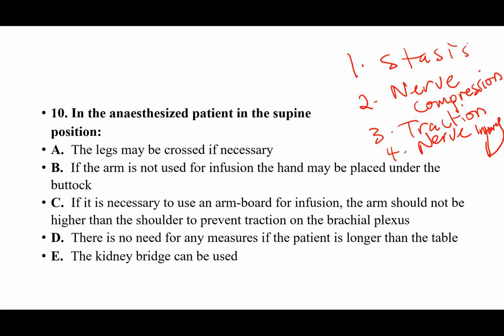If a patient is lying with the leg crossed, you are causing stasis of the calf muscle, and that patient can be prone to developing DVT. And when the hand is dangling below the level of the bed, he might have brachial plexus injury. If you are placing the arm above the level of the body, maybe on an armrest, you are placing too much traction on that limb.